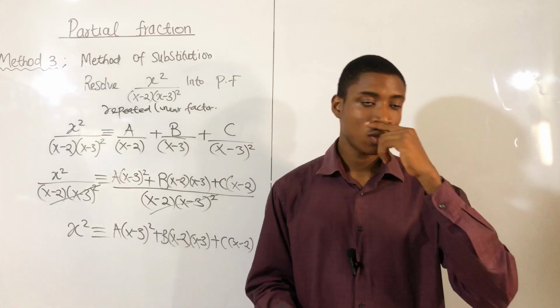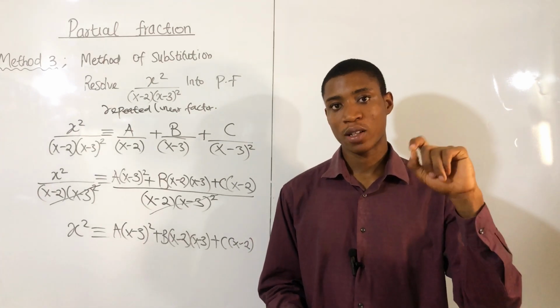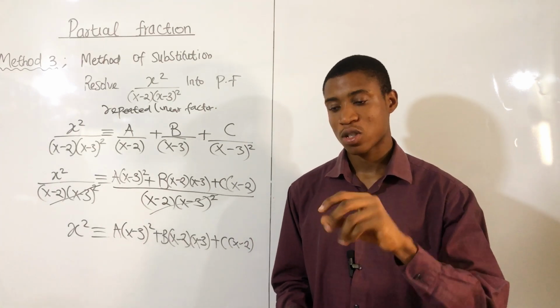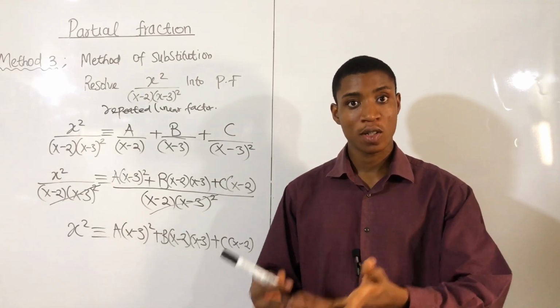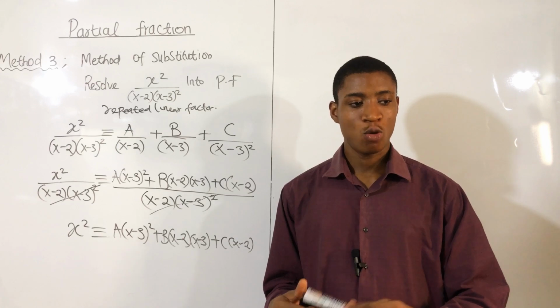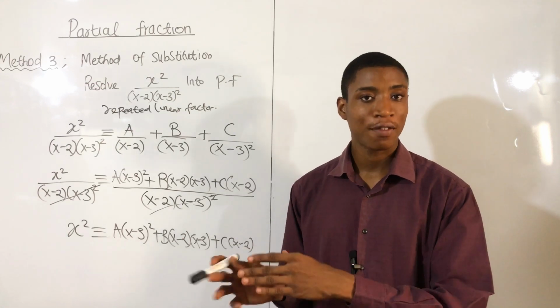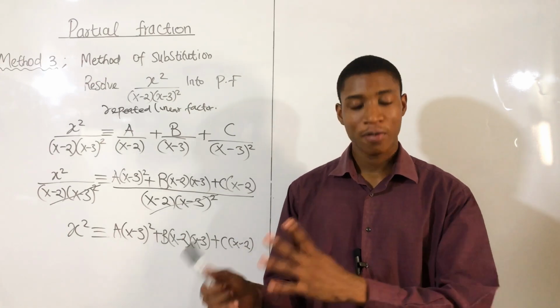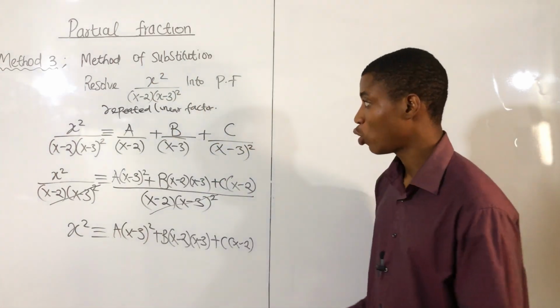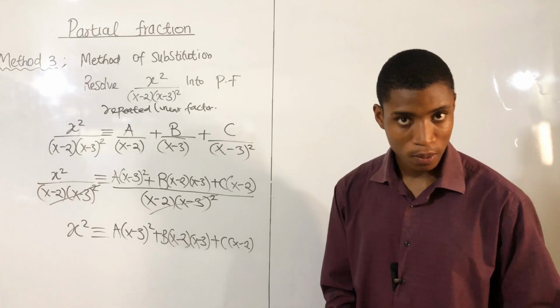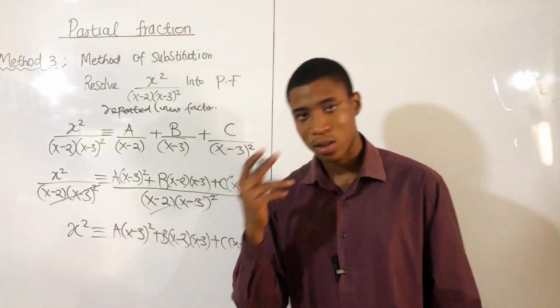First, when we talked about the cover-up method, we talked about linear factors. The second, the method of equating the coefficients, we looked at factorizable linear factors. And now, of course, we're talking about the method of substitution, on the repeated linear factors.